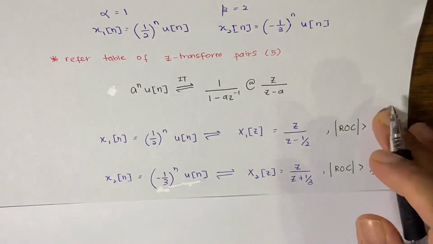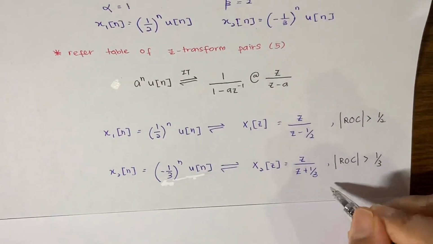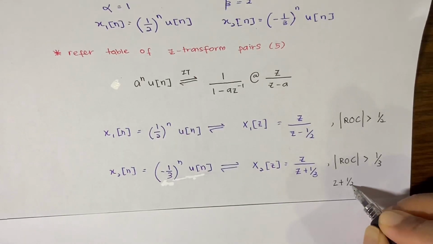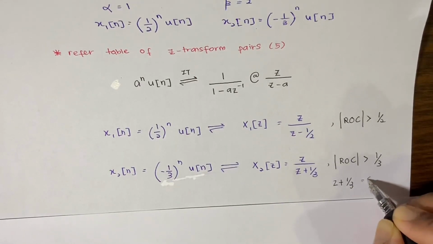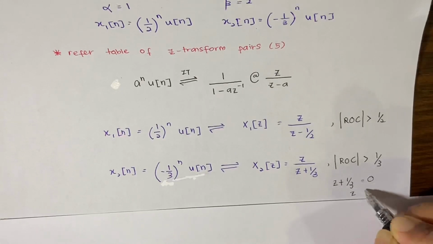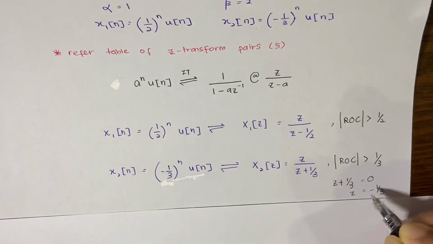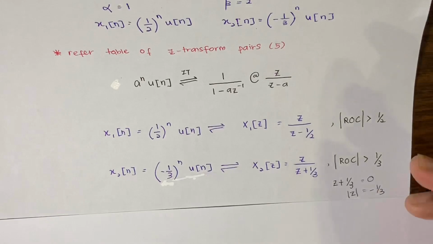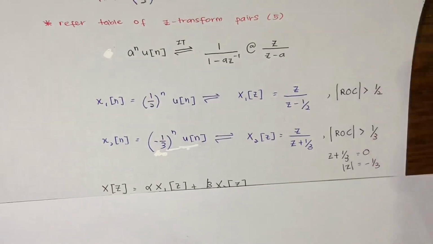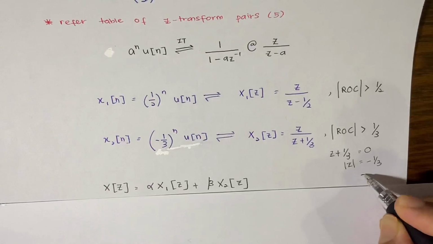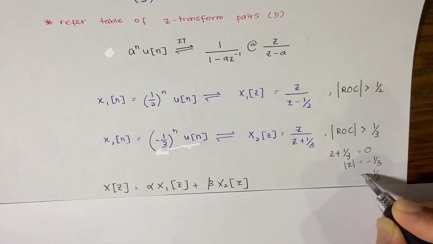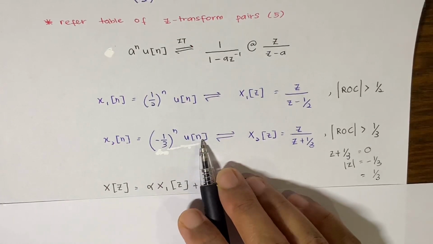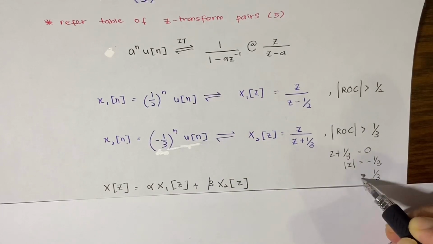Z plus 1/3 equal to 0, Z equal to negative 1/3. But we know that this is determinant actually. The ROC actually is greater than 1/3 because the signal is right-sided. So this is greater than.